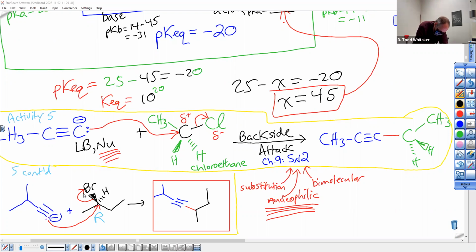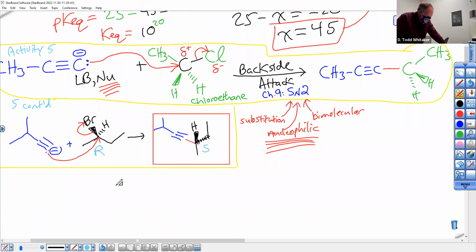Here's your quickest way. You put your H on. You connect 1, 2, and 3. If it's already R, it's wrong. So I'm putting my H on a wedge, some adjacent bonds on a dash. And it's now S. So that is the end of the activity, everything in the yellow box here and here.